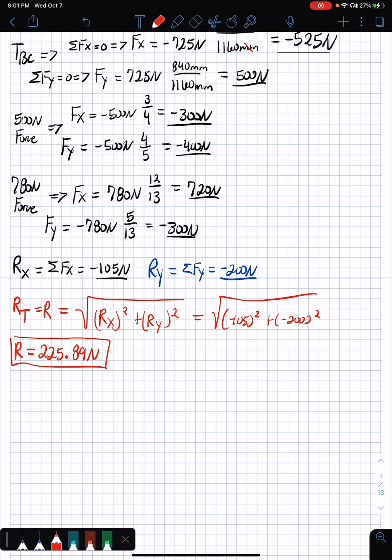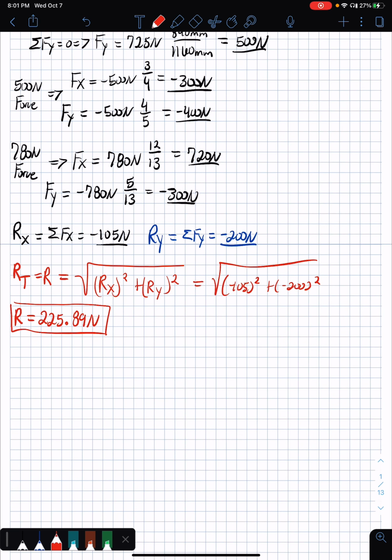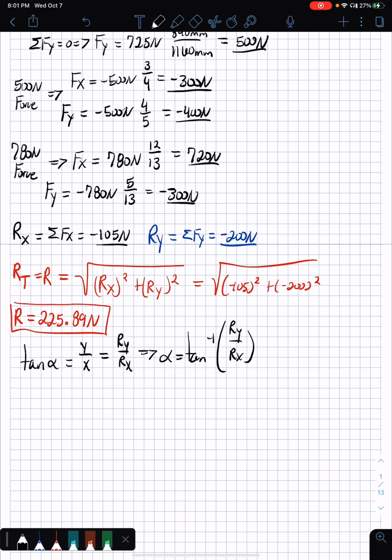Now, most likely, Dr. Jackson will also ask in the test to find the angle that the resultant is being applied at. All you have to do is state that tangent alpha is equal to your y over x dimension, which is going to be equal to your ry over rx. To find alpha, you just take the inverse tangent of that same thing, ry over rx.